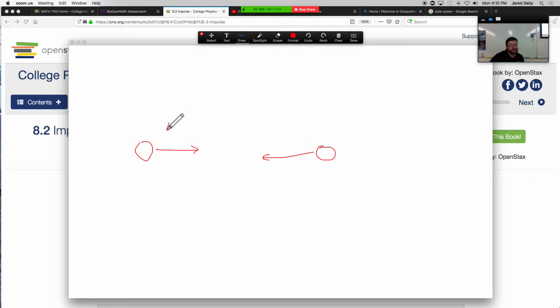They use P for momentum, like everybody does. So momentum 1, P1, momentum 2, P2, if these are the same mass and the same velocity, then the magnitudes of P1 and P2 are equal.